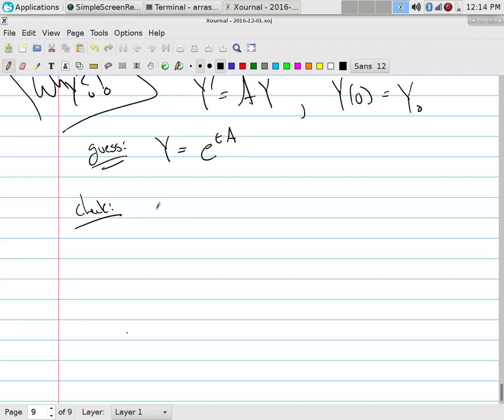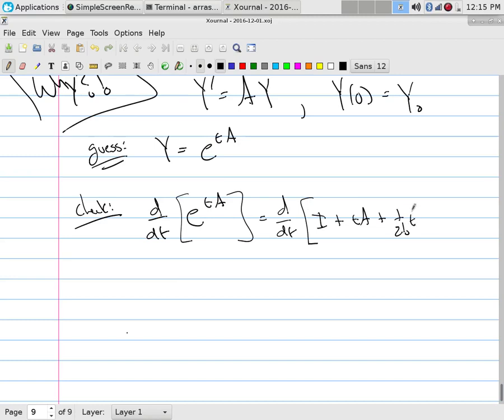How do I check? I need to take the derivative with respect to t of e to the t times a. But what is that? That's the derivative with respect to t of I plus ta plus 1 over 2 factorial t squared a squared plus 1 over 3 factorial t cubed a cubed plus dot dot dot, right?